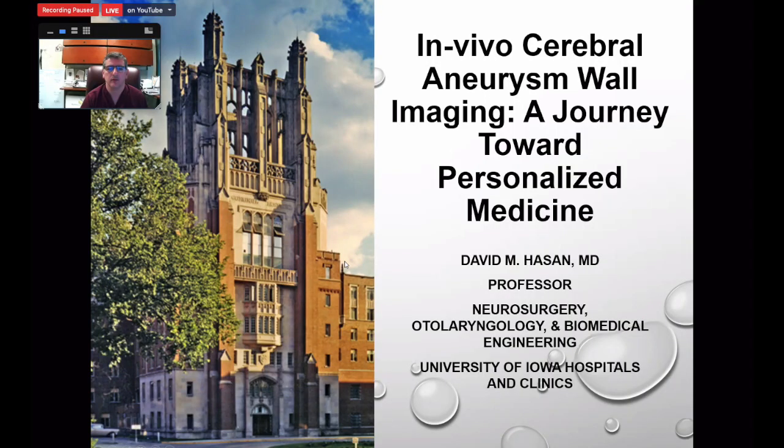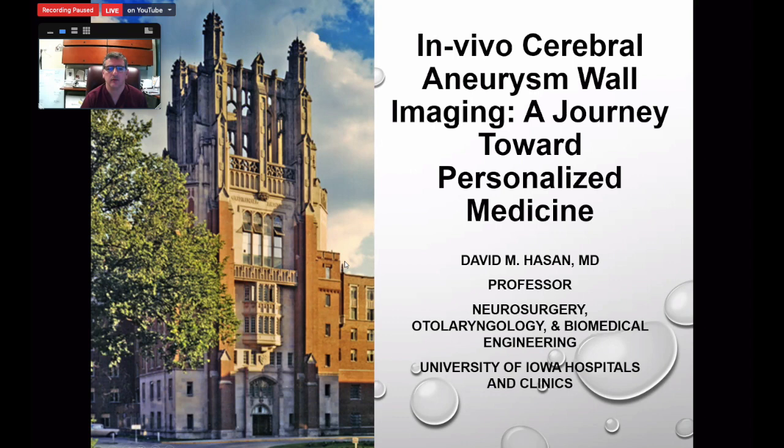Good evening, everybody. It's my pleasure to join you today and share with you some of my thoughts and our work that is ongoing, if you will, for using imaging techniques to predict which aneurysms are stable or unstable. This has been a journey and an evolution from the time I joined our University of Iowa approximately 11 years ago.